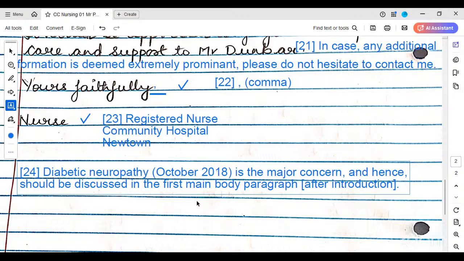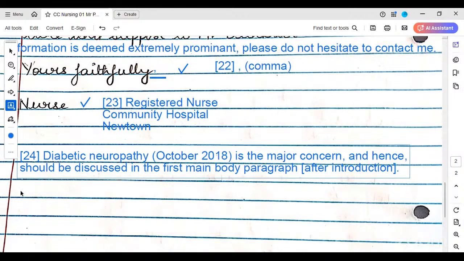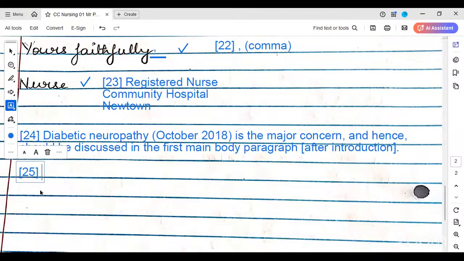Right. Next point, 25. Learn these as principles. The next paragraph, after diabetic neuropathy, you forgot to mention myocardial infarction.